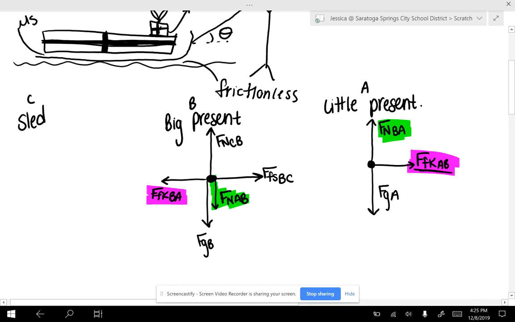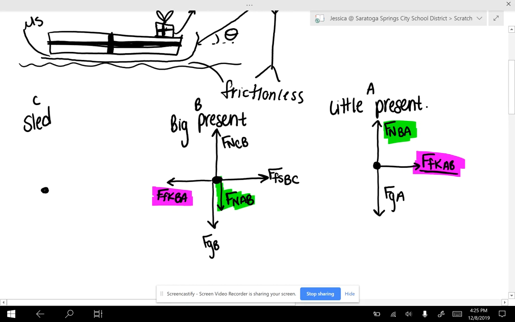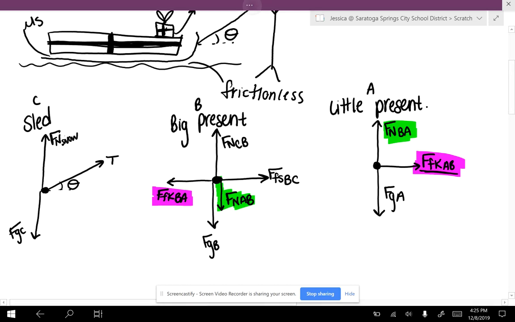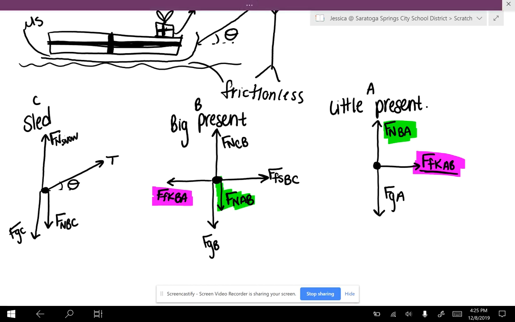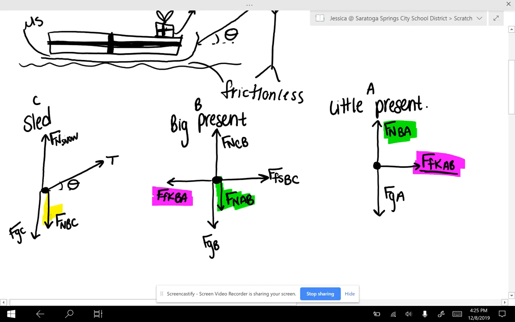Then we have C. Acting on C, we have that tension force at an angle of theta, the weight of the sled, and a normal force from the snow. Another force pair coming in: if we had an upward normal force from C on B, then there's a downward normal force from B on C. That's a third force pair, and those two are the same.